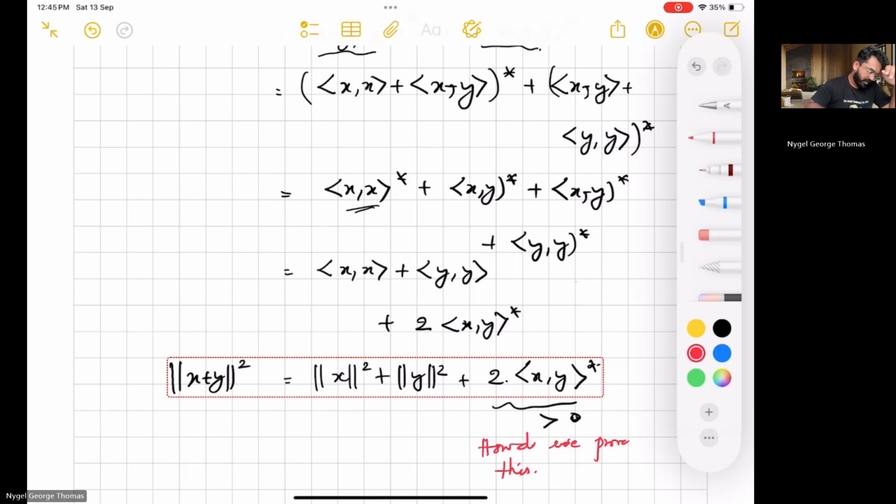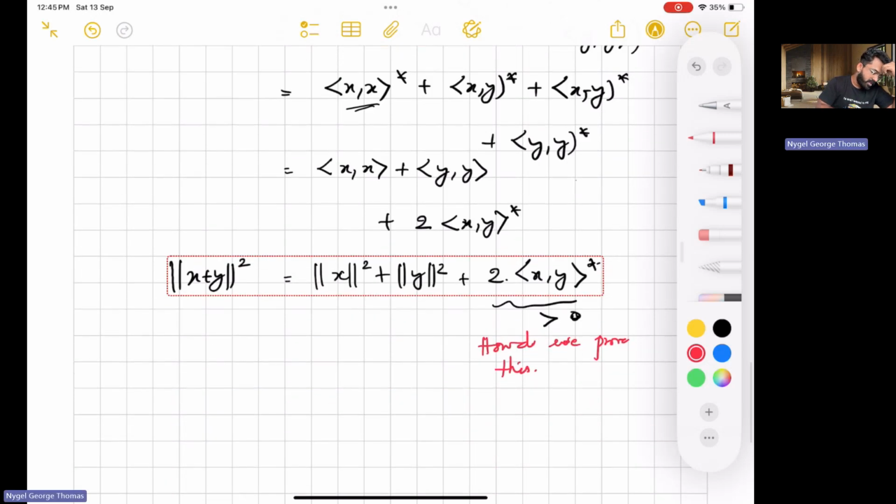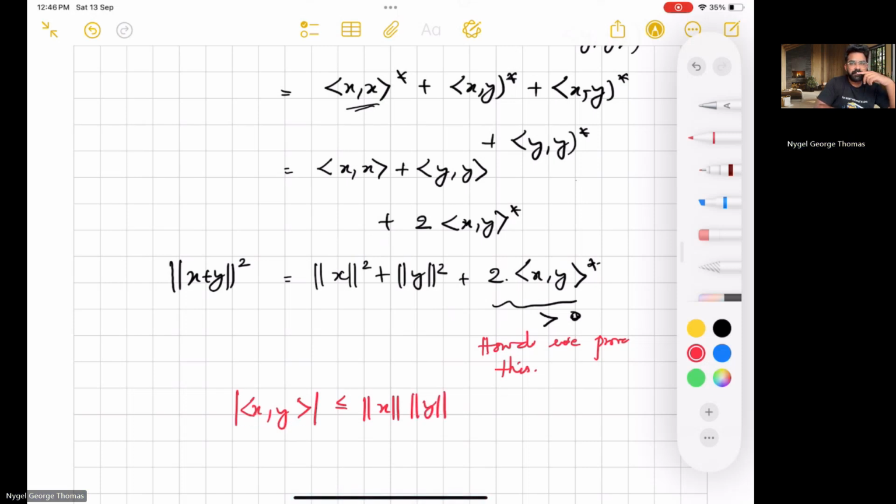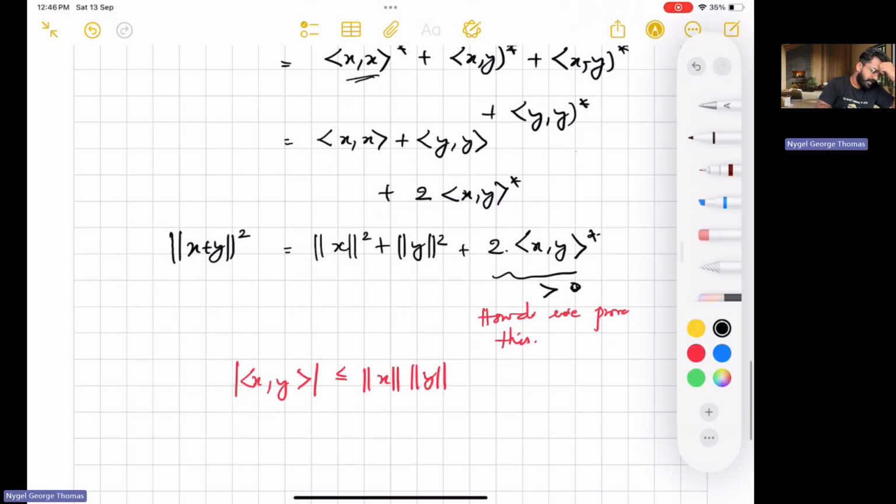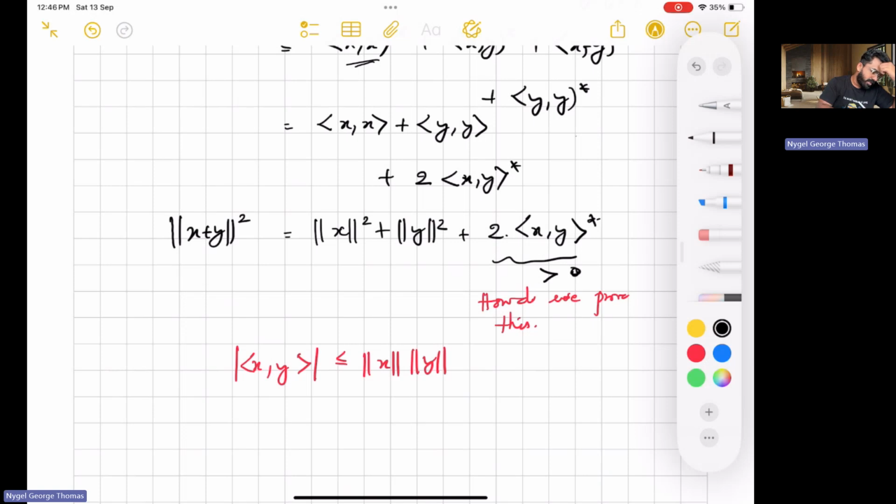By Cauchy-Schwarz inequality, we have modulus of the inner product between x and y is less than or equal to norm of x into norm of y. And there's a half, right? So if we use this property here, then this is Cauchy-Schwarz.